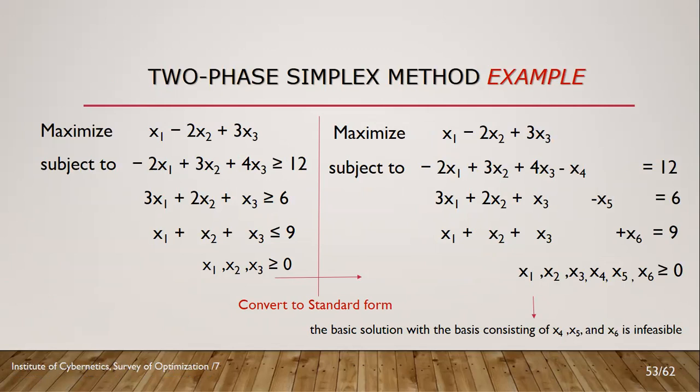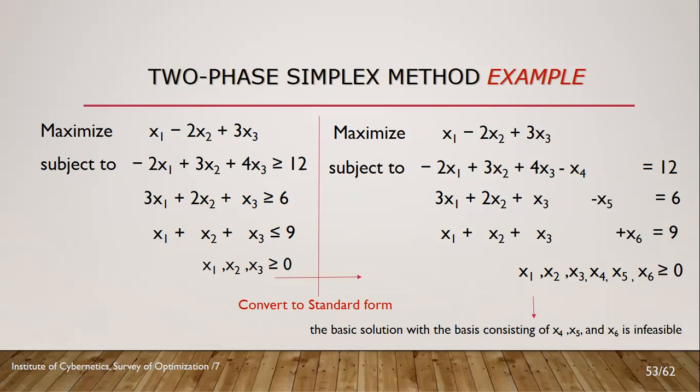For comparison, we apply this method to the same example, again with three decision variables, then three constraints, one non-negativity constraint, where two of the constraints are of greater than or equal type, and one constraint is of less than or equal type.